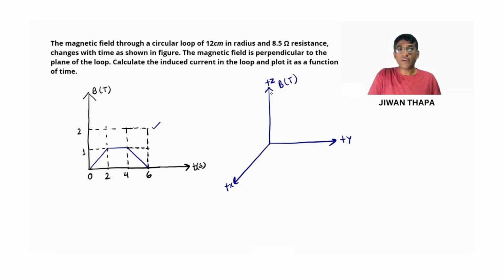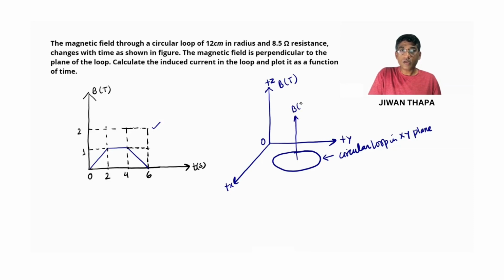Now I'm taking a circular loop. This is the circular loop in the xy plane, and from the question, magnetic field is perpendicular to the plane of the loop. So we have magnetic field in the plus z direction.